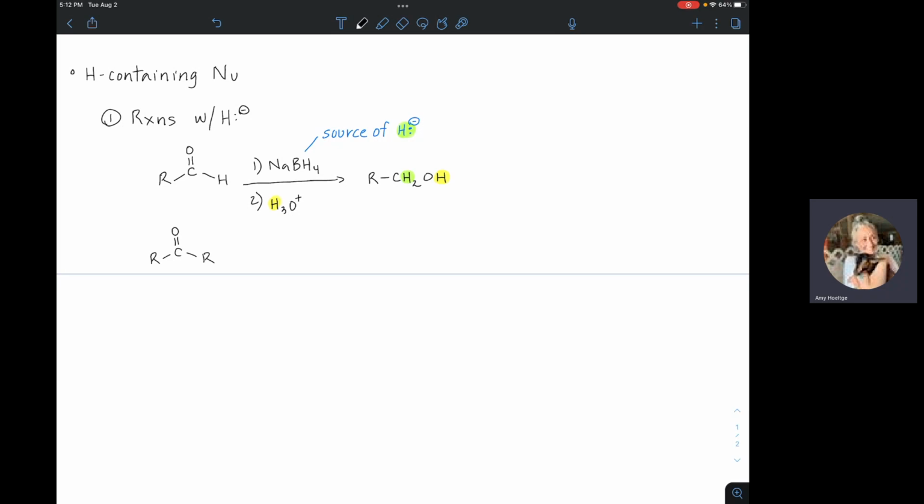If you take a secondary alcohol and oxidize it, you get a ketone. Tertiary alcohols cannot be oxidized. So I can use my source of H minus and attack the carbonyl carbon of the ketone. Hit this with some acid.